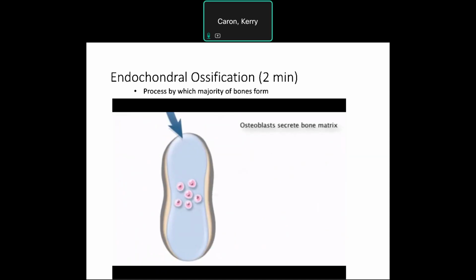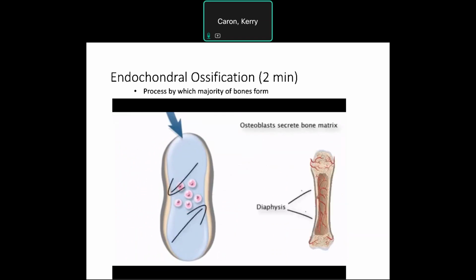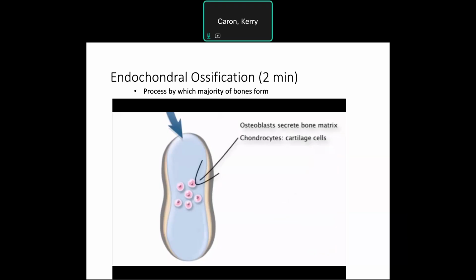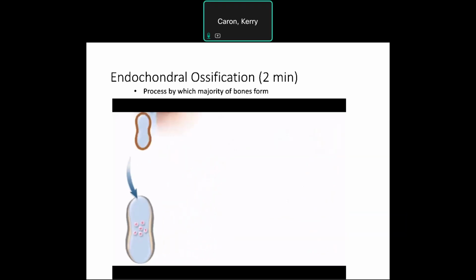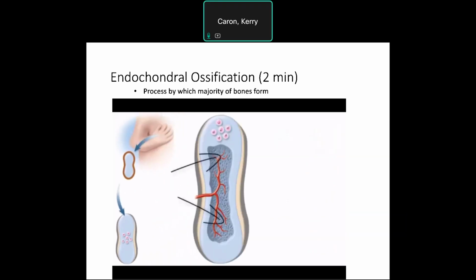These osteoblasts secrete bone matrix around the middle of the cartilage model, forming a bony collar that will become the diaphysis. Meanwhile, the chondrocytes, or cartilage cells, in the middle of the model begin to enlarge. This forms what's called the primary ossification center. The chondrocytes get so large that they form a cavity in the middle of the model.